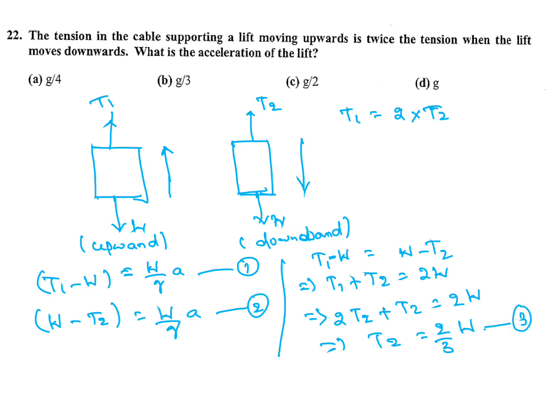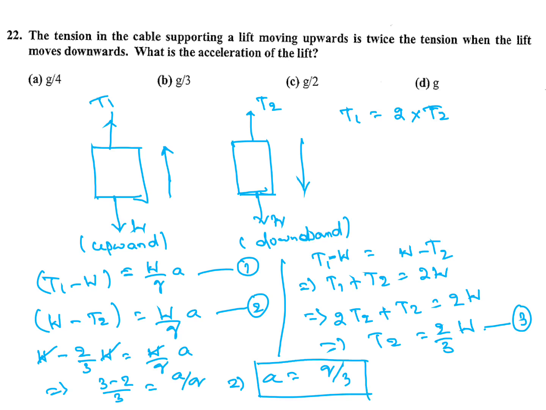From 2 and 3, W minus T2, we get W minus 2 by 3 W equal to W by g into a. So W cancels. 1 minus 2 by 3 equal to a by g. So acceleration a is g by 3. From options, B is our answer.